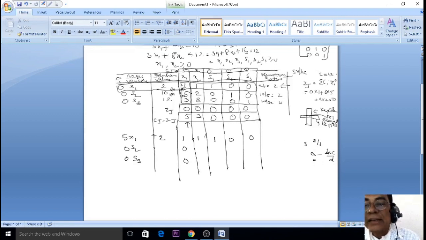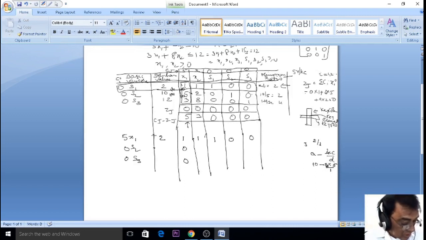A means 10 minus B 2 into C, C means 5 by D means 1. So 10 minus 10 is equal to 0. Please write down 0 here.